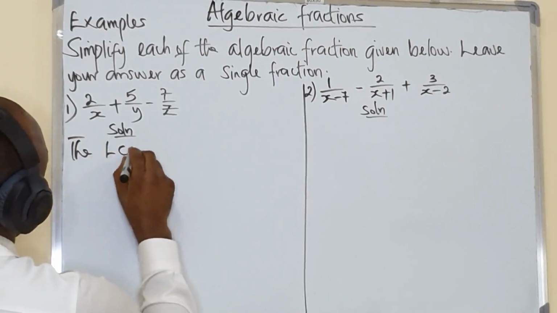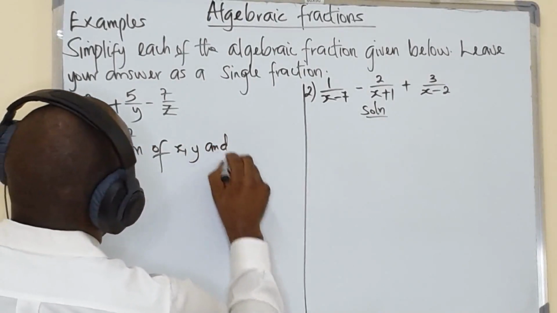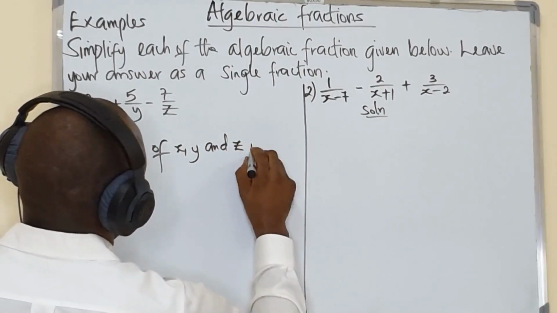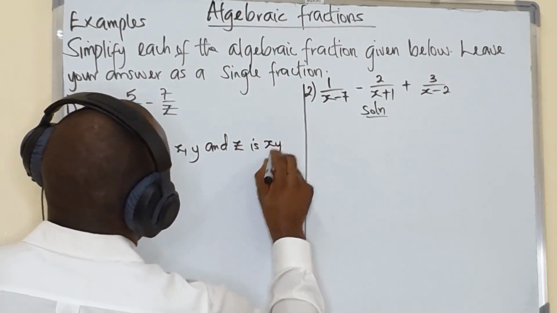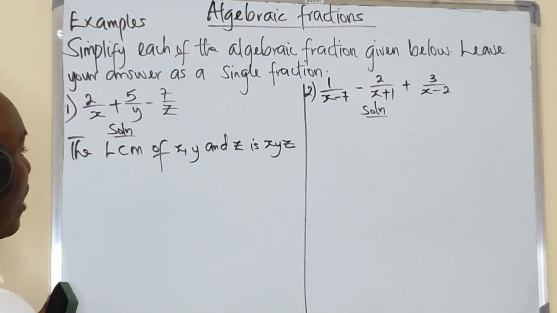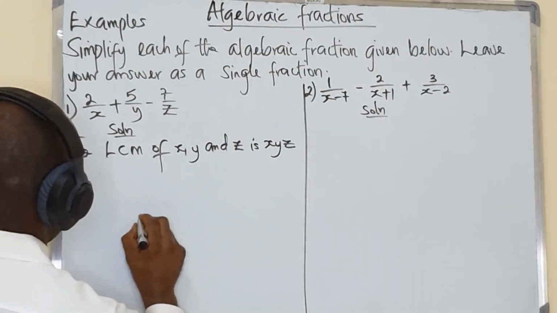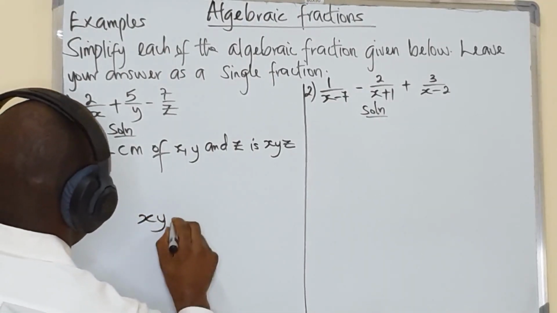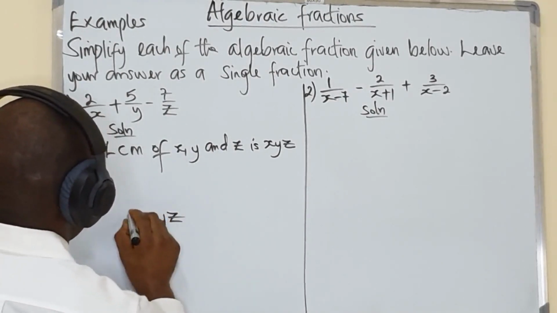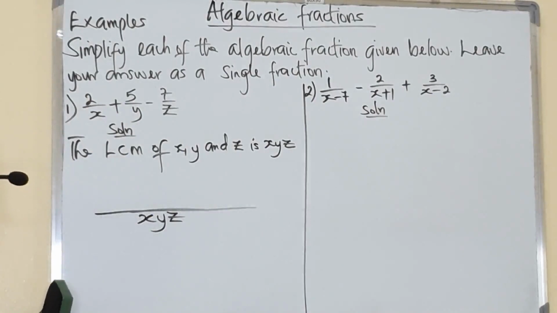The lowest common multiple of x, y, and z is xyz. So this is what we are going to be operating with as our denominator. So to do that, we create our LCM right below here as xyz, and then use it to work out the other fractions and the numerator.